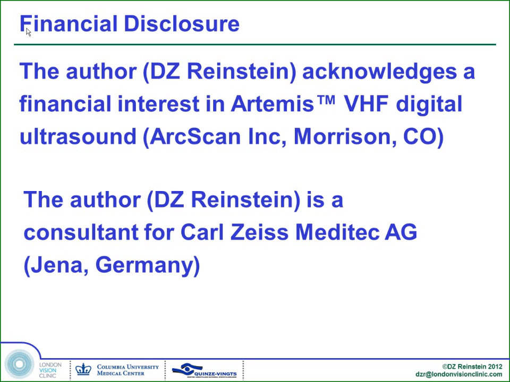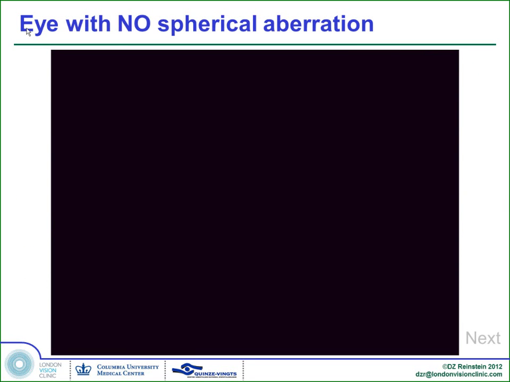Now, in a normal eye, or in a perfectly focused optical system, the image on the retina is perfect, and the point light is focused exactly onto a point. There's no spherical aberration. The point spread function on the retina is excellent, and the perceived image in the brain is excellent.